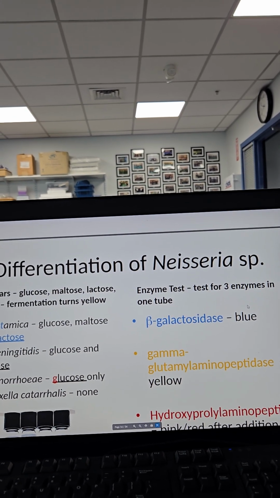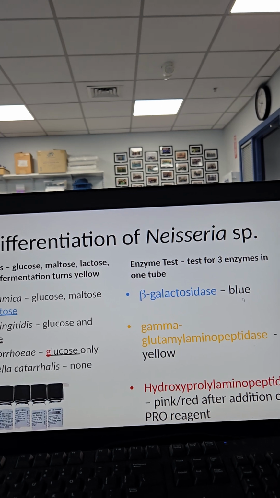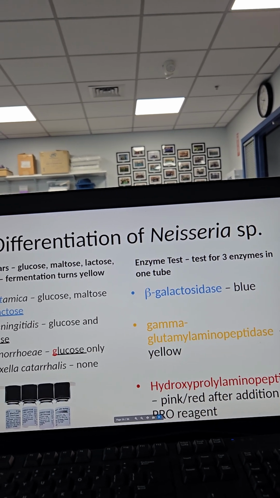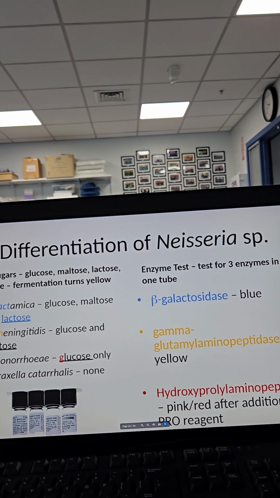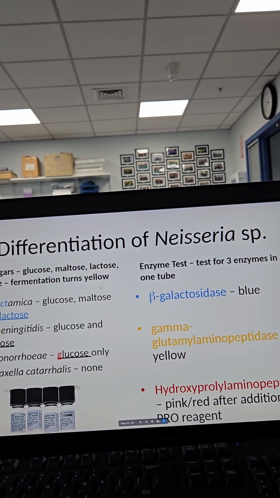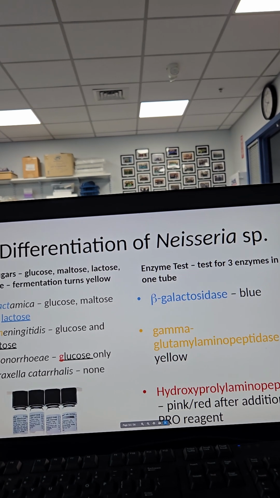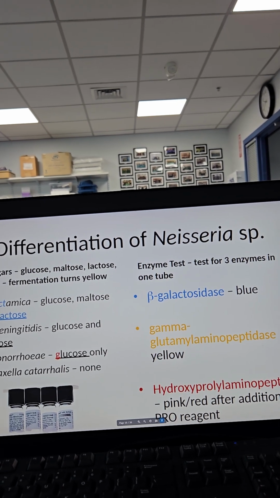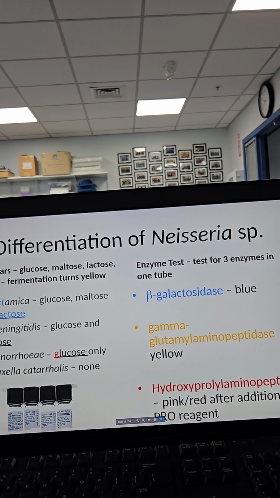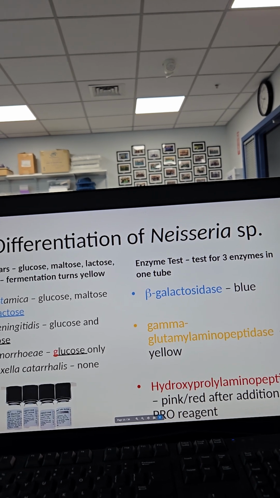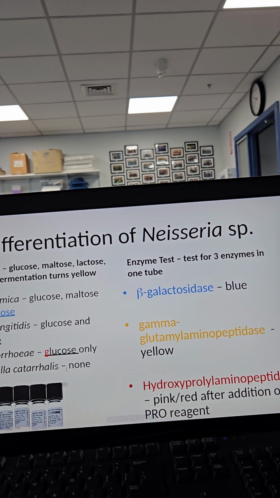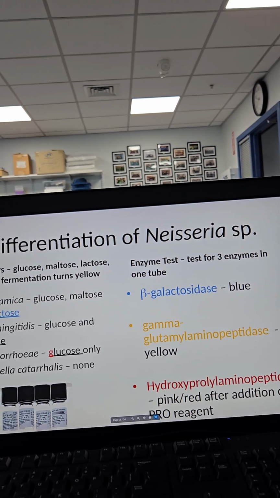So, how do we tell all the differences between these? I will flat out tell you, going down the line from top to bottom: lactamica has lactose as well as glucose and maltose. Meningitidis has maltose as well as glucose. Gonorrhoeae has only glucose, and then catarrhalis doesn't have any of them. These are the sugars that they will ferment.